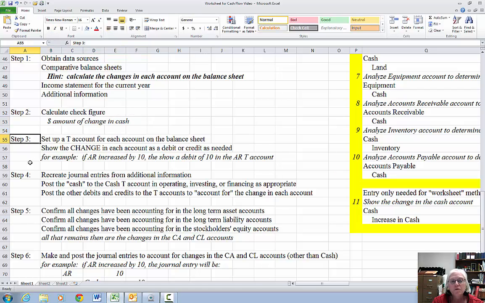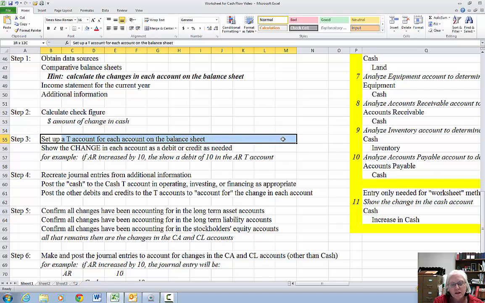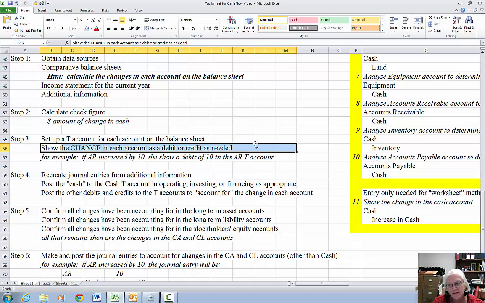Okay, we're going to be working the T account method. So what you need to do is set up a T account for every account that is on the comparative balance sheets. And what you're going to do is show the change in each account as a debit or a credit as needed, because we're going to try to explain the change in the account and not every transaction in it.